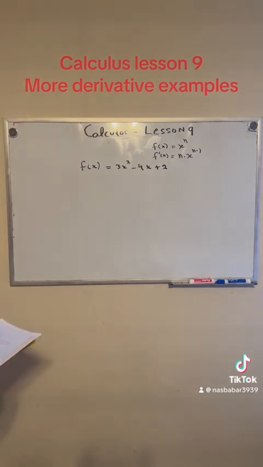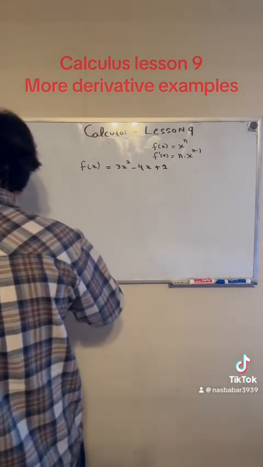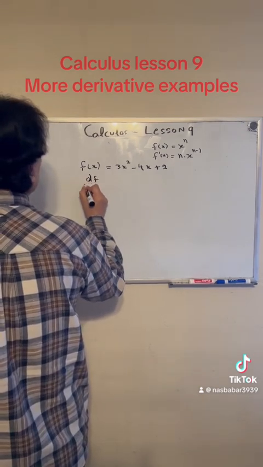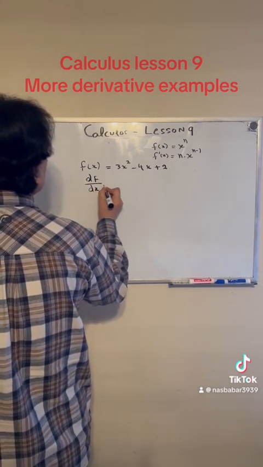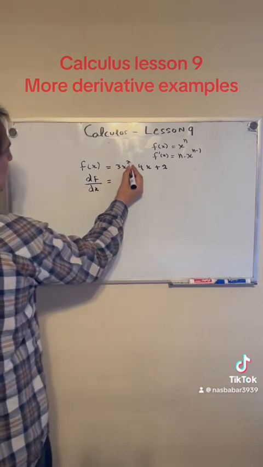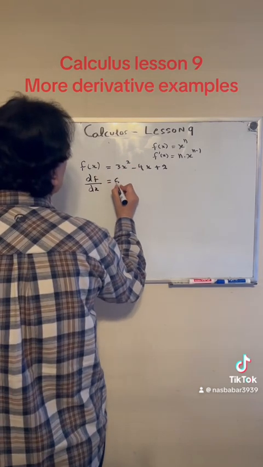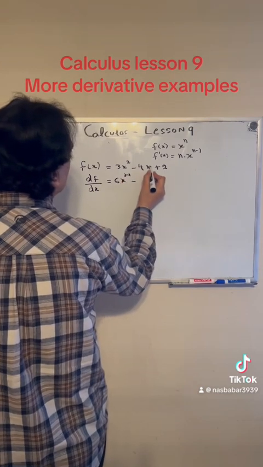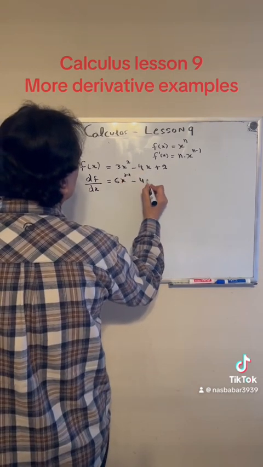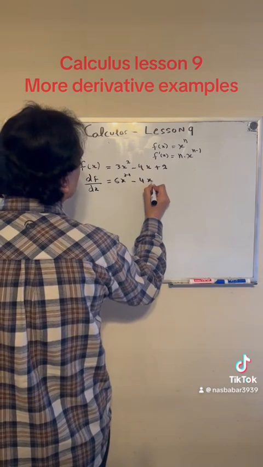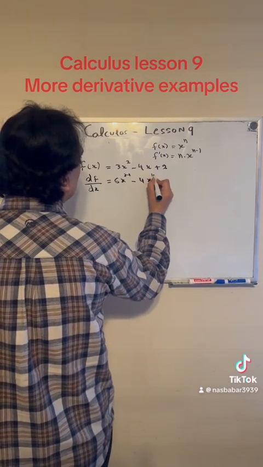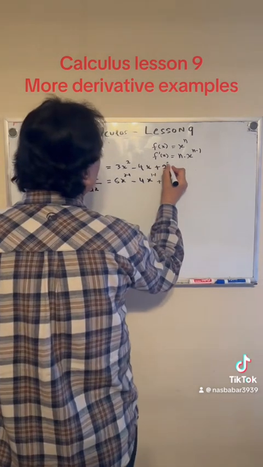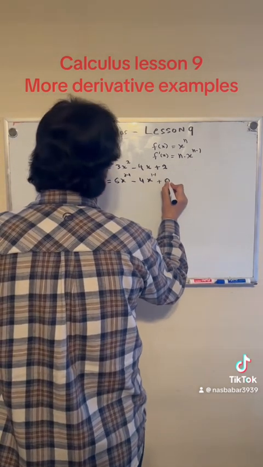Okay, so then I can do like d of f over d of x is equal to 2 times 3, 6, x to the 2 minus 1, minus 4, x times 1 minus 1. Essentially, I'm applying this rule. And then this is a constant, so the derivative is 0.